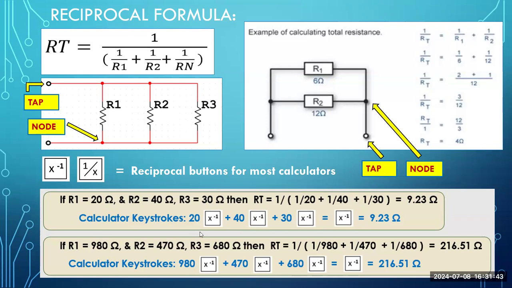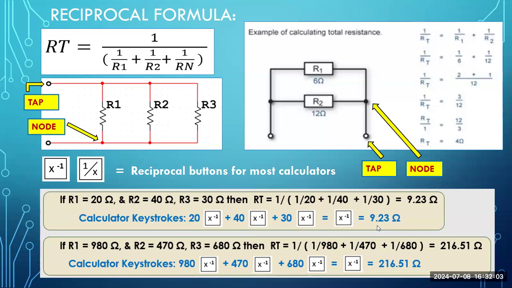So the keystroke sequence is shown here. 20, which is the first ohmic value, you hit reciprocal, then add the second ohmic value, you hit reciprocal, then add the third ohmic value, hit reciprocal, hit your equal key, hit reciprocal, hit equals, and in this case, you generate 9.23 ohms.